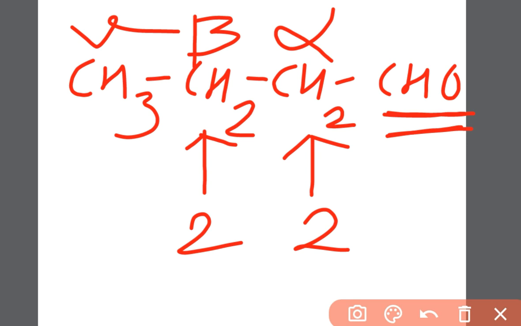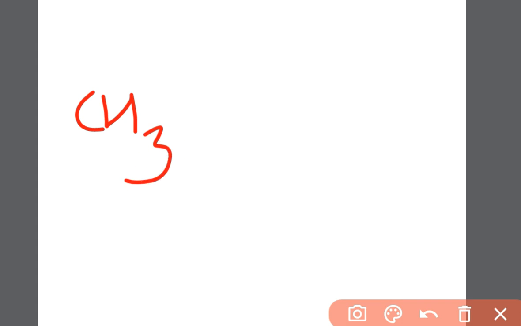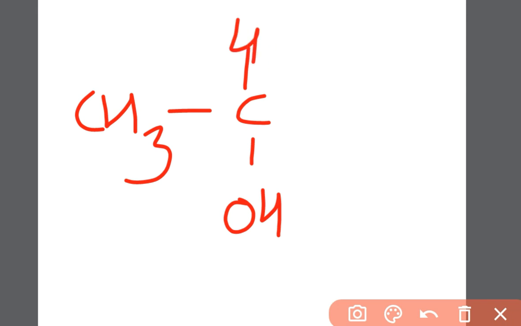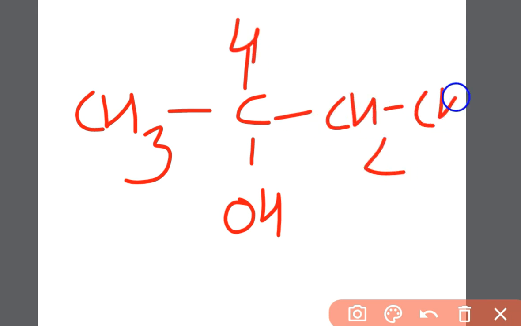If here instead of this, CH3, CHOH, CH2 and CHO, then this is alpha, this is beta.